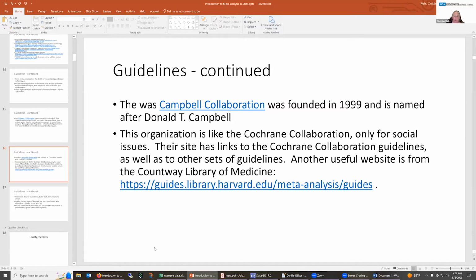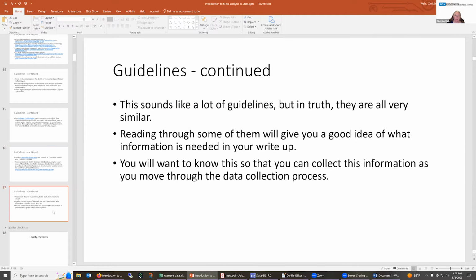They look at social issues, but they also link to the Cochrane Collaboration guidelines as well as other guidelines, and so there's all sorts of great stuff here. So anyhow, be familiar with these things. That will save you a lot. They're all very similar. Reading them will help you understand what you need to have ready when you go to do your write-up.